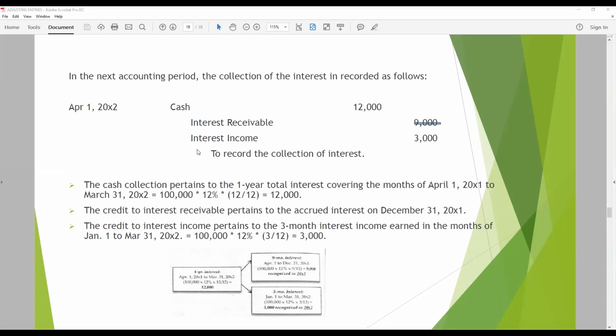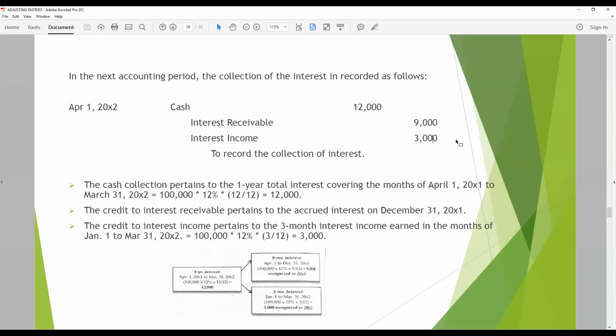So for this year, the correct reflection of the interest income is for only January, February, and March, 3 months of interest income for this year, 2022. So only 3,000 will be recognized as interest income for such year.